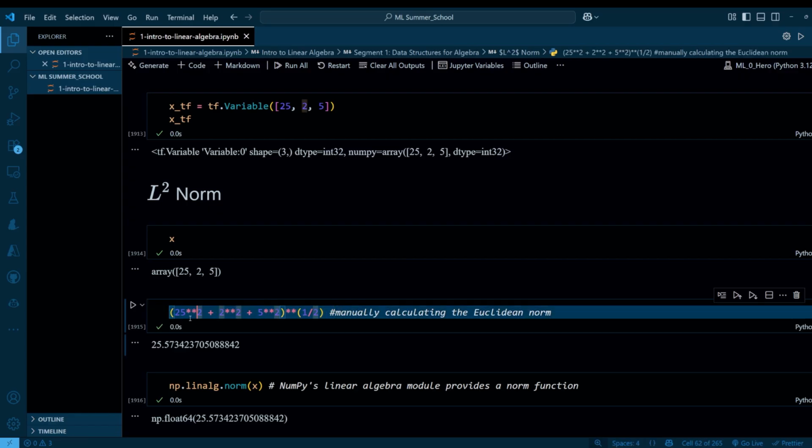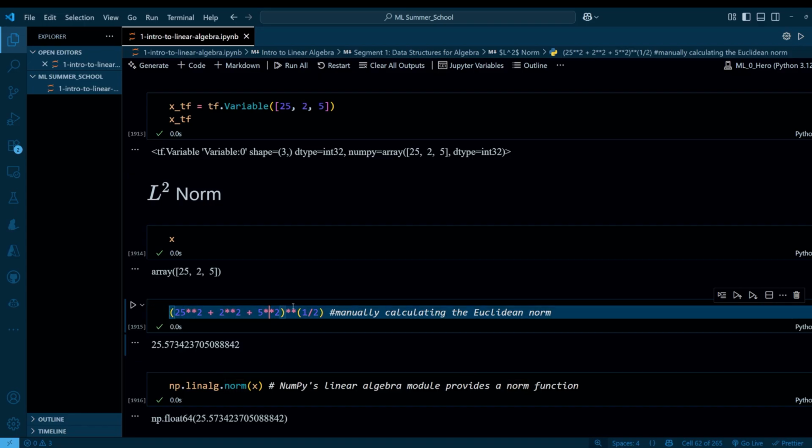You can do that manually. In Python, two stars means power: 25 with two stars is 25 squared, and if you give 3, it will be 25 to the power 3.